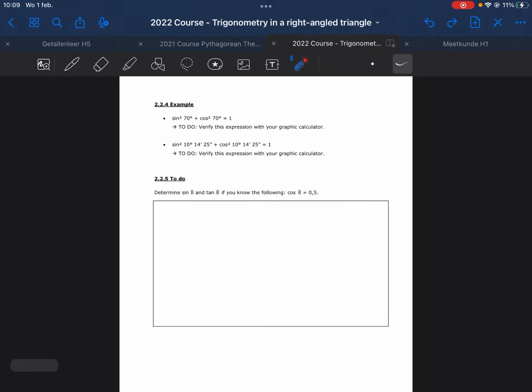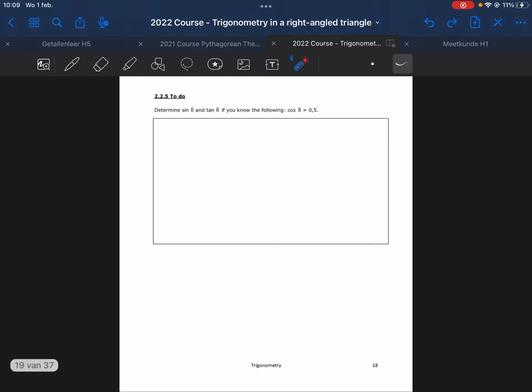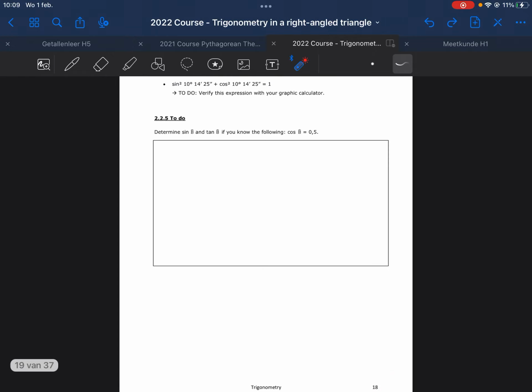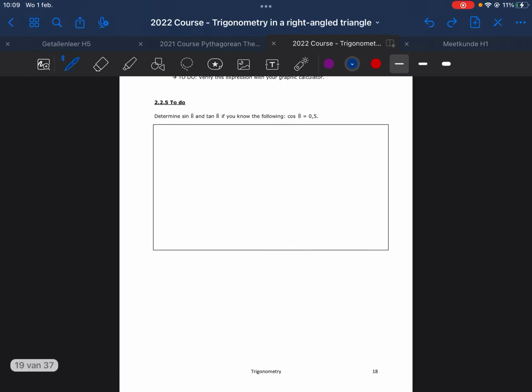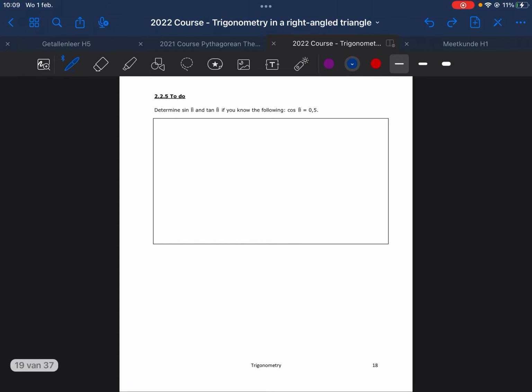Now, how could we apply this? So I'm on page 18 at this point. We could apply this right here. So if we have an angle of which we know the cosine is 0.5, then we could use that information to determine the tangent and the sine of B using these two relations we've just discovered.